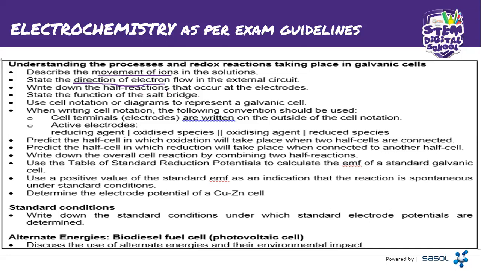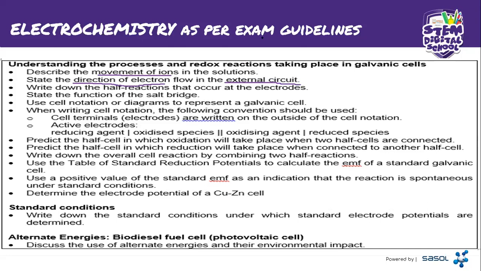And hence you will say electrons always flow from the anode to the cathode via the external circuit. So remember that we don't just say they flow from the anode to the cathode. We give the entire pathway, and that is from the anode to the cathode via the external circuit.